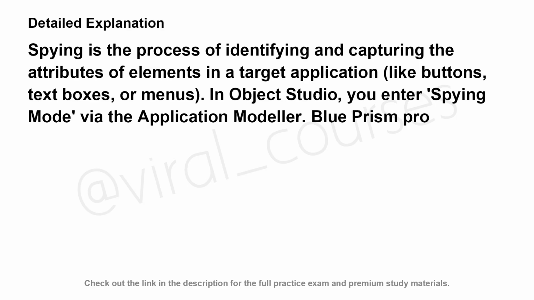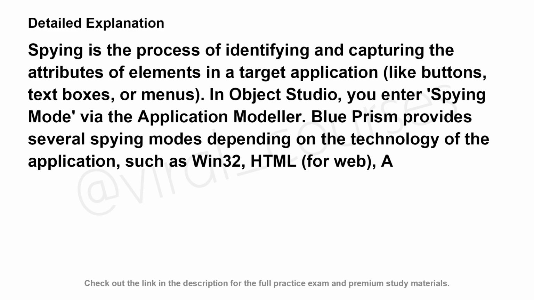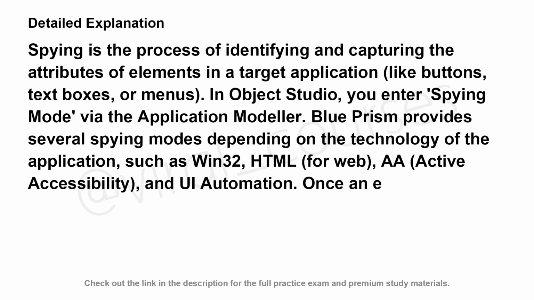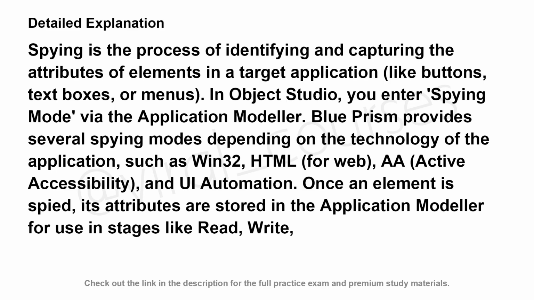Blue Prism provides several spying modes depending on the technology of the application, such as Win32, HTML for web, active accessibility, and UI automation. Once an element is spied, its attributes are stored in the application modeler for use in stages like read, write, or navigate.